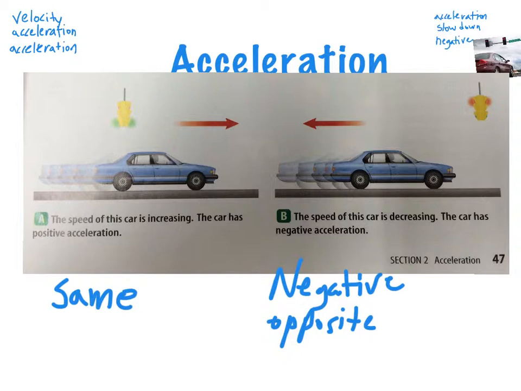So that's where we get that negative acceleration from. And our very last point is that not only is a change in velocity a change in acceleration, but a change in direction is also a change in acceleration.